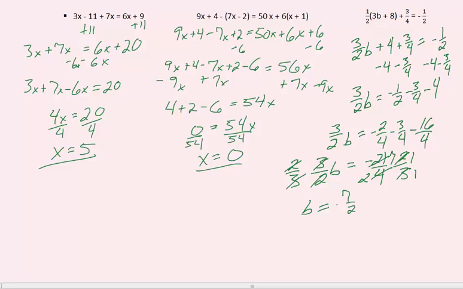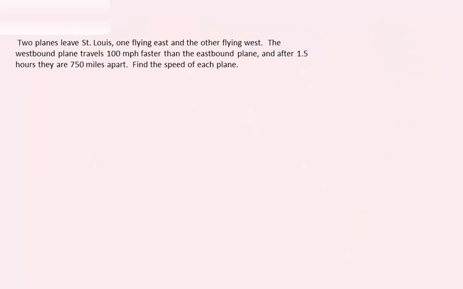So negative 7 over 2 times 1 over 1 will give us a final solution of b is equal to negative 7 over 2.